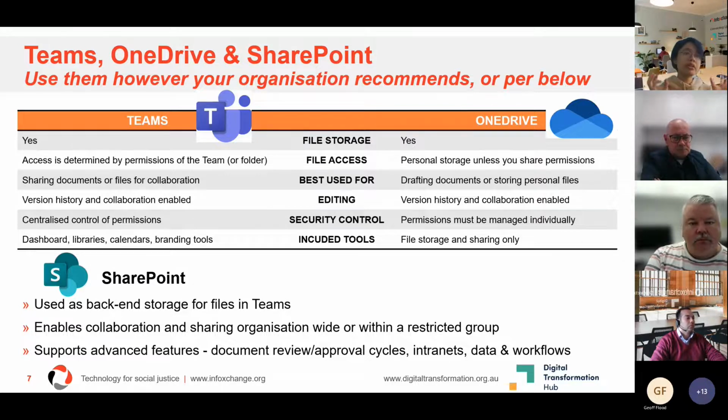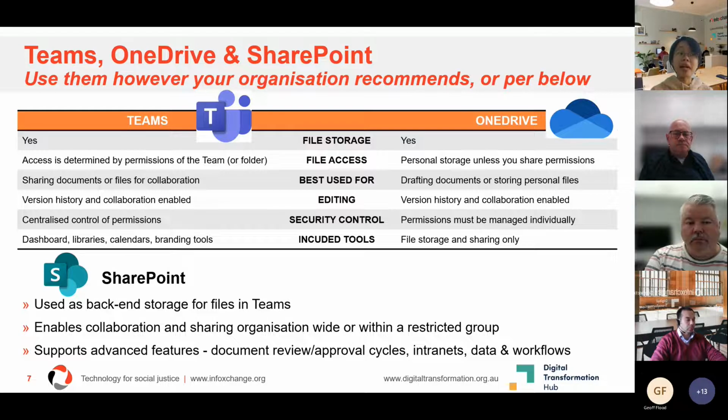So let's compare Teams and OneDrive. If you look at your screen right now, you can see that both of them are used for file storage. Their file access is a bit different. With Teams, access is determined by the permissions of the team or of the folder.